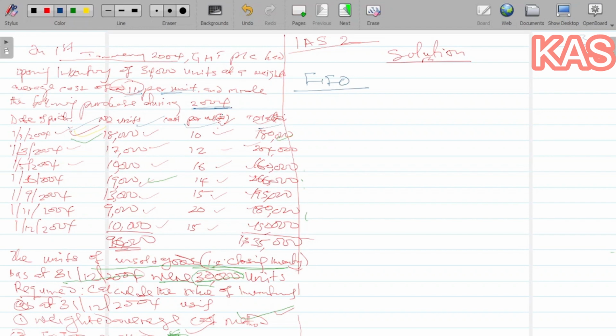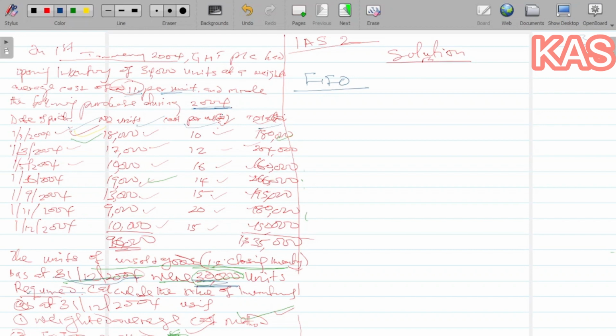The unit of unsold goods, that is closing inventories, as at 31st December 2004, is 30,000 units. Required: calculate the value of inventory as at 31st December 2004 using a weighted average and FIFO.